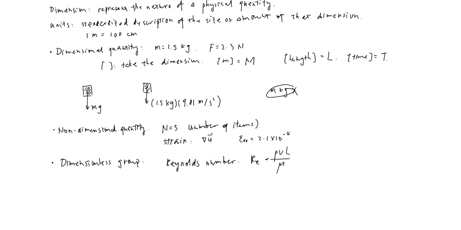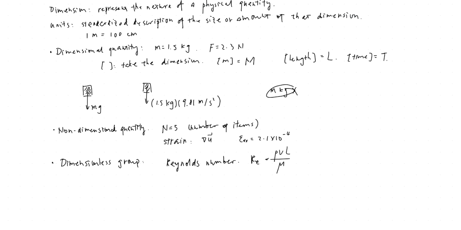Now you have something related to velocity and something related to mass. So you know that the numerator has something to do with inertia or the forces due to the kinetic movement. And in the denominator, it's the dynamic viscosity. So you know the ratio is the relative importance of the inertia versus the viscosity of the fluid.